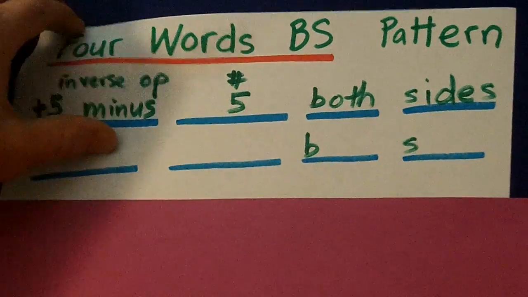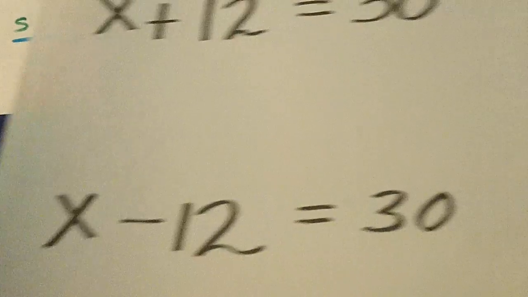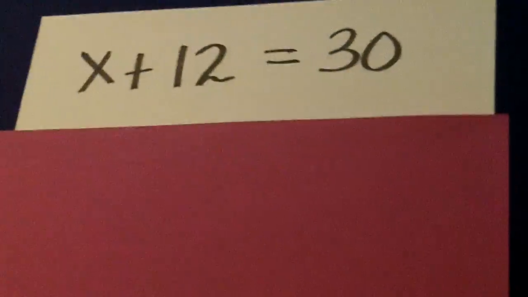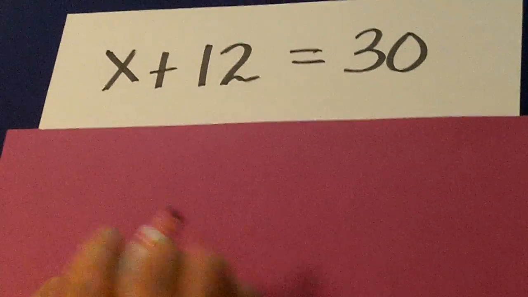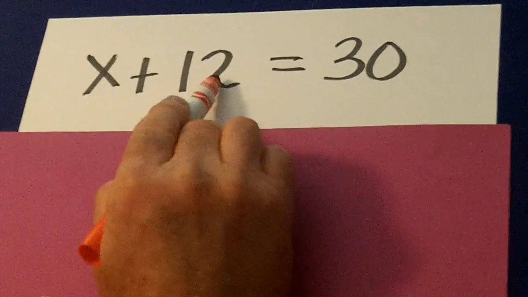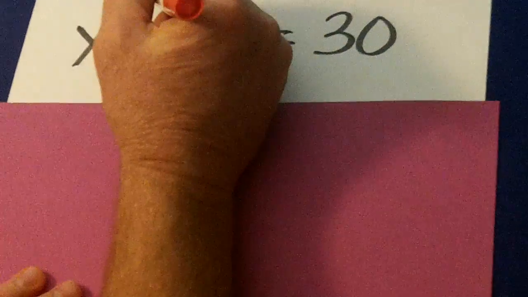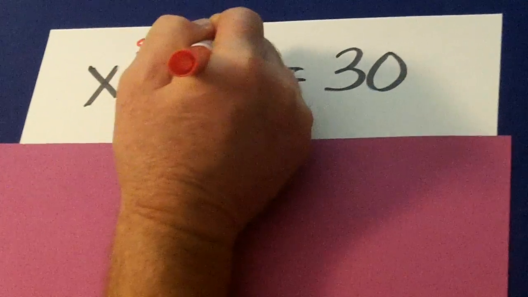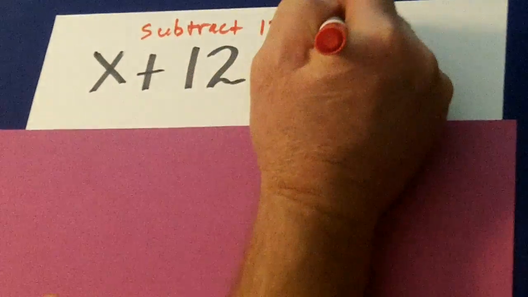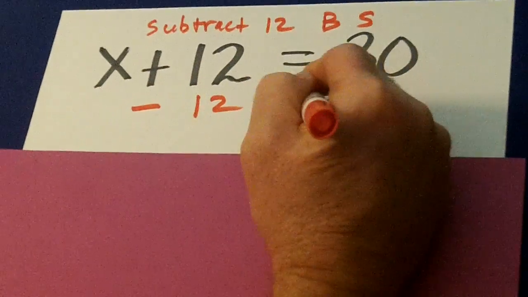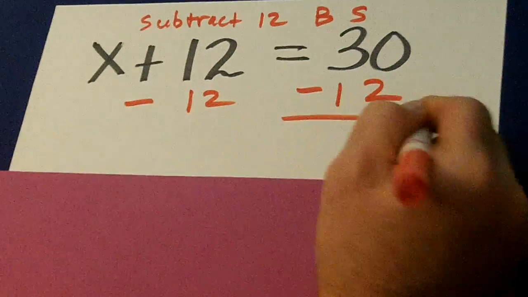Okay? Now, let's take that concept, 4 words BS pattern, to right here. Watch this. Plus 12. Opposite is subtract 12, both sides.